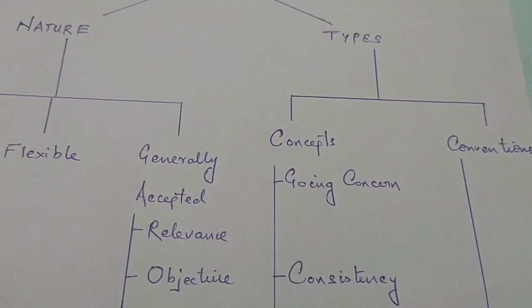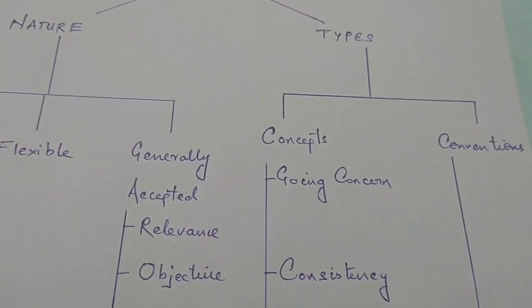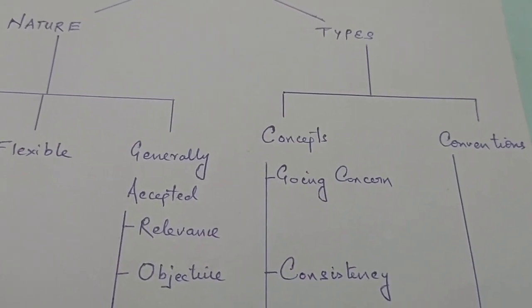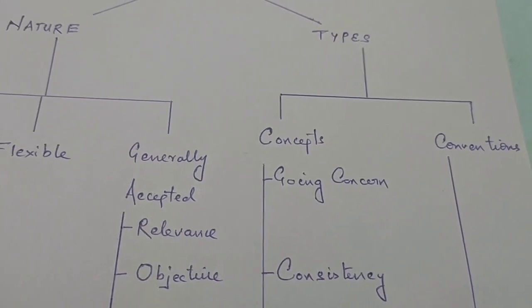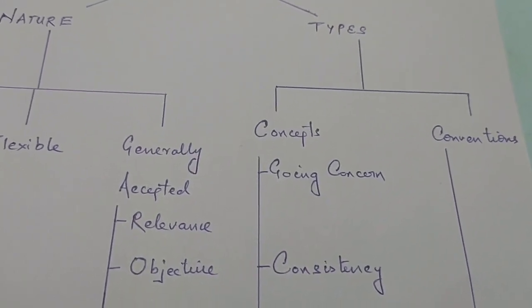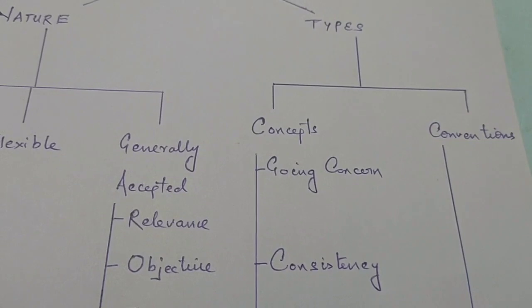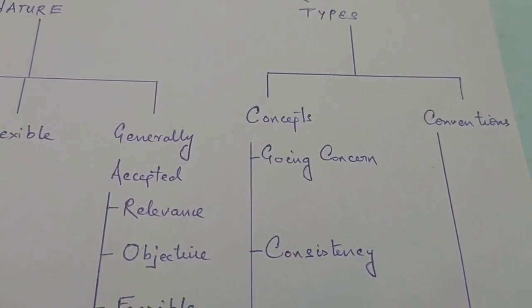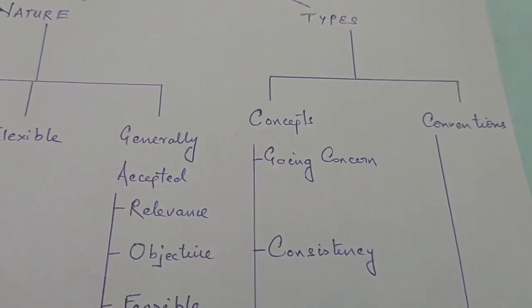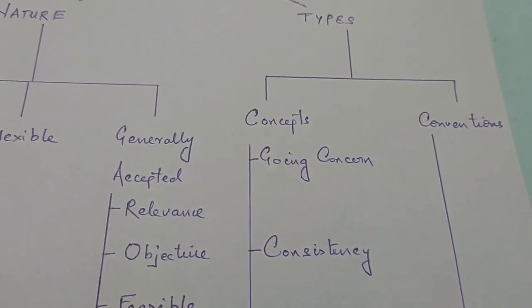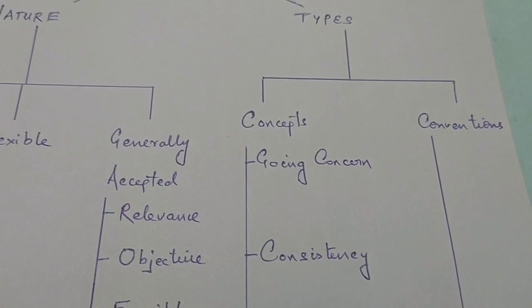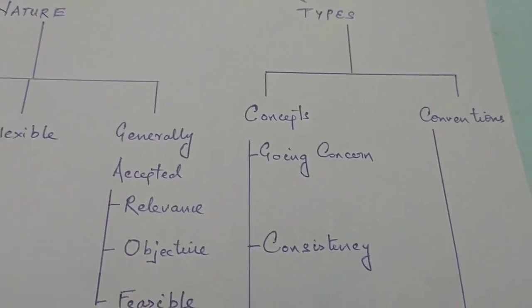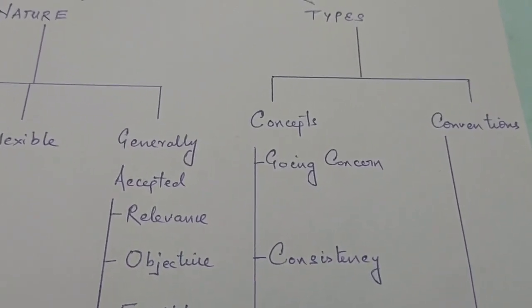Since these are the basic accounting assumptions, without following them, transactions cannot be recorded and financial statements cannot be prepared. If they are followed, they help make the financial statements understandable in an easy form. Now the next point is conventions.